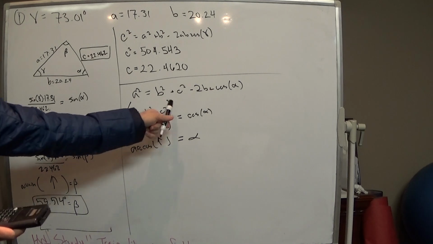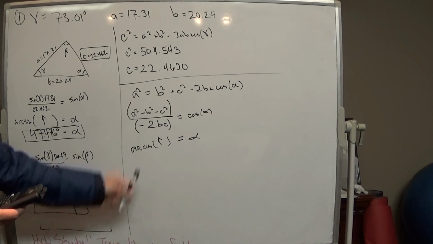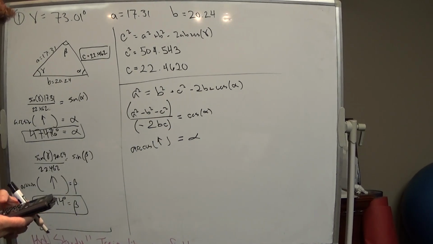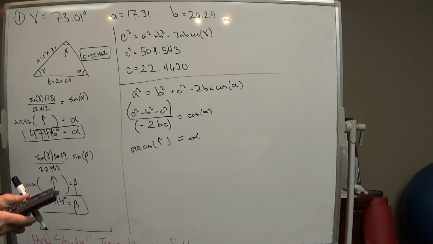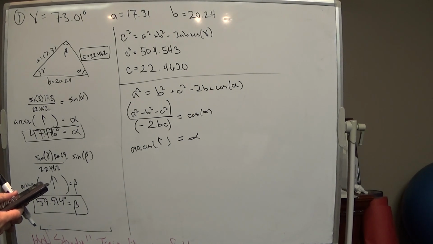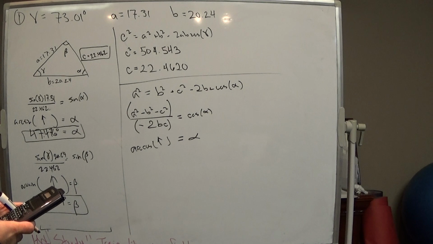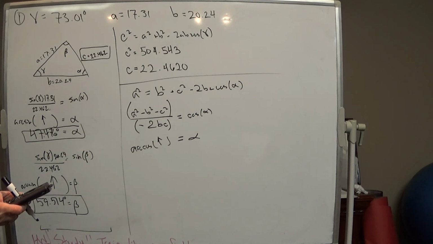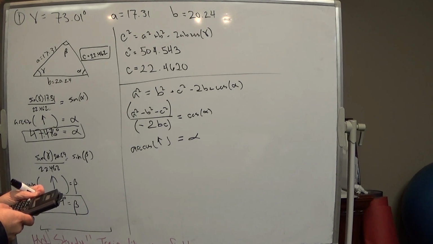End parentheses. Divide by parentheses. Negative 2 times b was 20.24, times c was the one we just derived, which was the 22.46. End parentheses. End parentheses. And that should give me alpha.